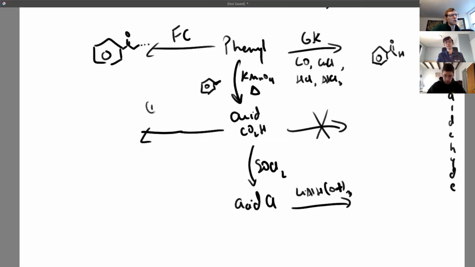Conventionally, I think it's usually done using organolithiums. So you might add LiR, and you have to add 2 of them. You usually add 2 because you have to deprotonate and then you have to add onto it. Then from there you do an acid workup.